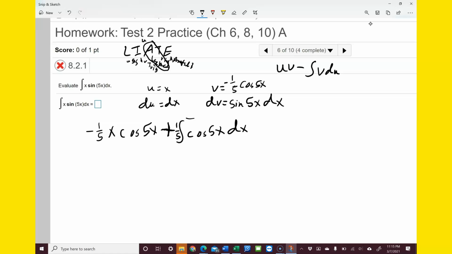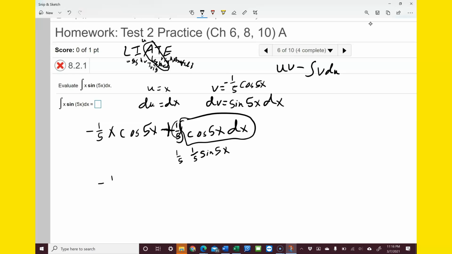Alright, this integral right here is going to be sine of 5x times 1/5. Integral of cosine is sine, so sine of 5x times 1/5. And then you still got that 1/5 to multiply with it.